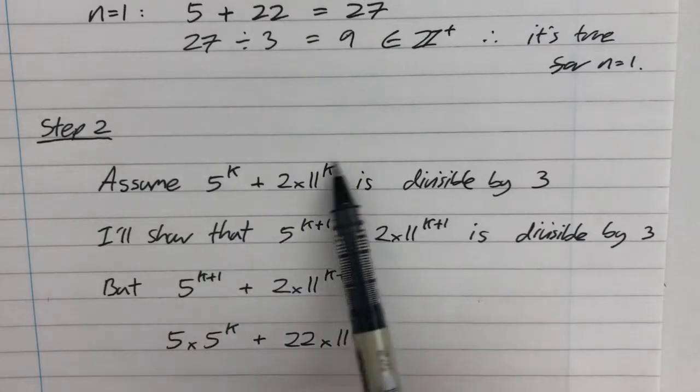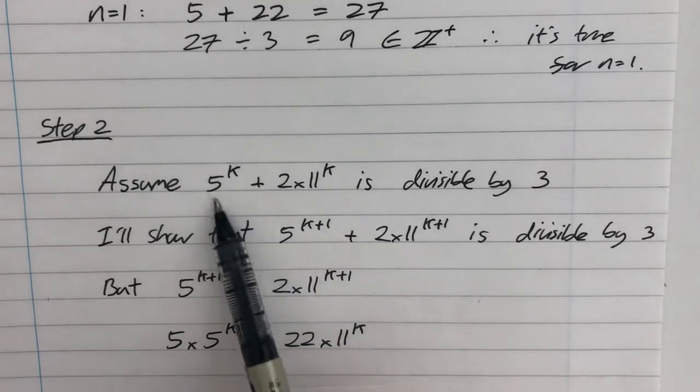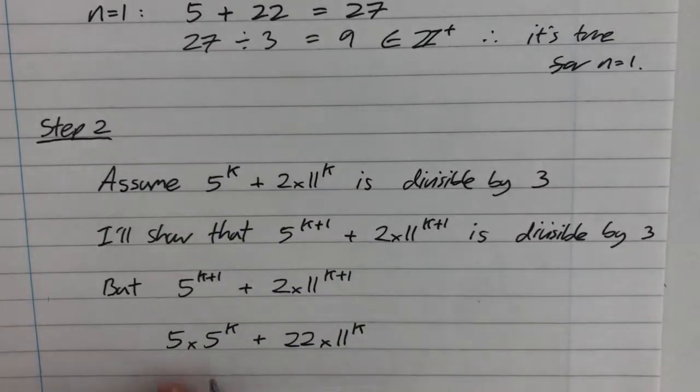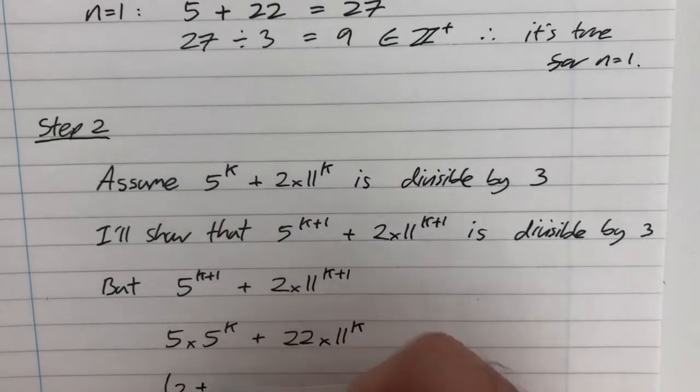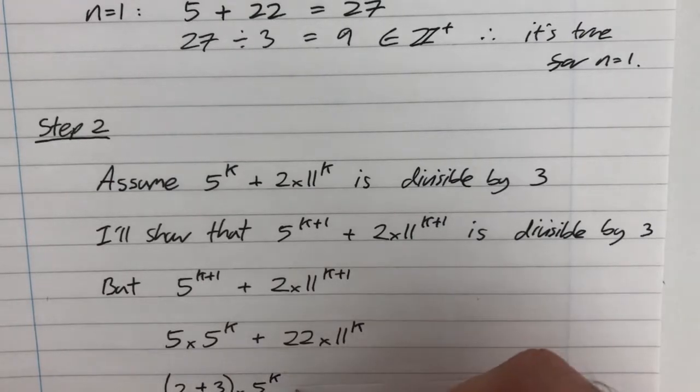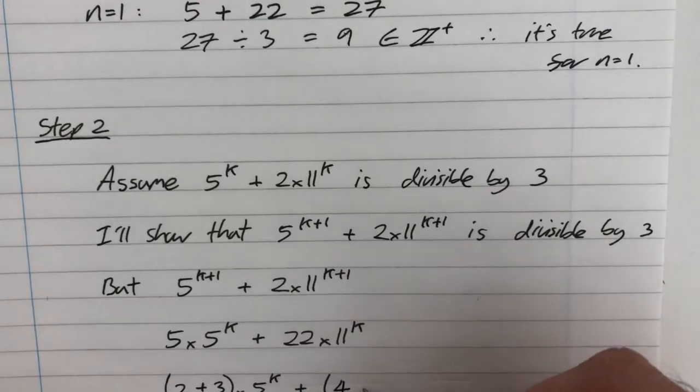So I need to somehow use this expression. So I'm going to actually write this 5 here as a 2 plus a 3 times 5 to the k. Plus, and I'm going to write this as a 4 plus an 18 times 11 to the k.